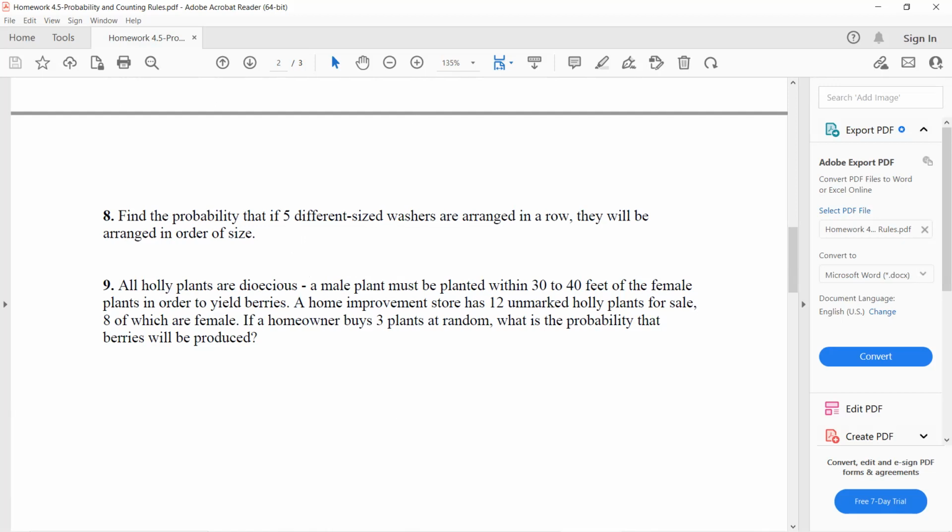So I'm going to say this is the probability that all 5 washers are arranged by size.